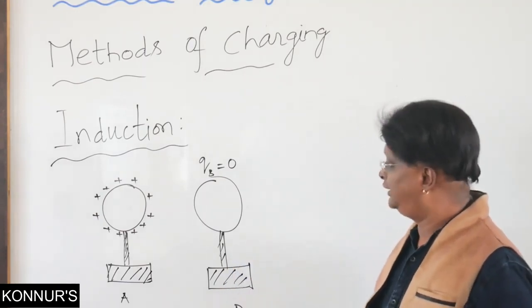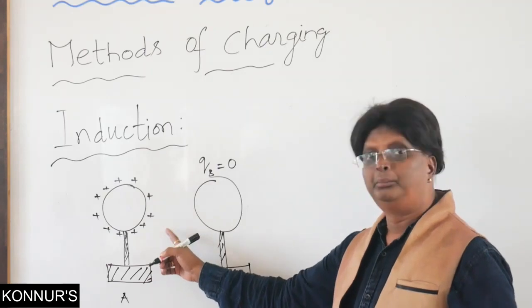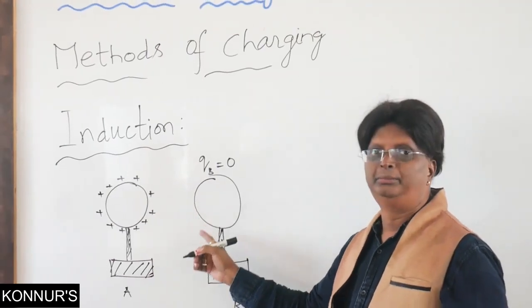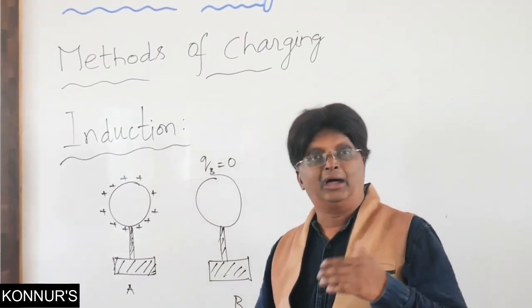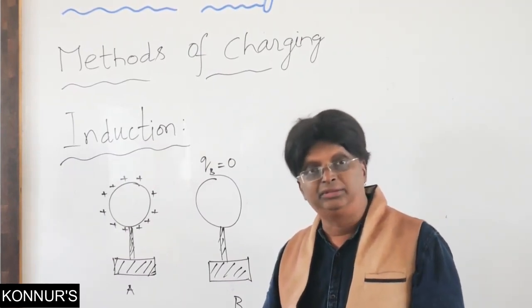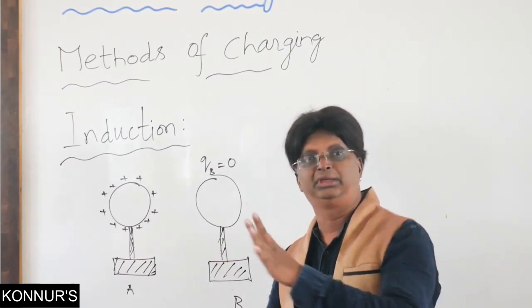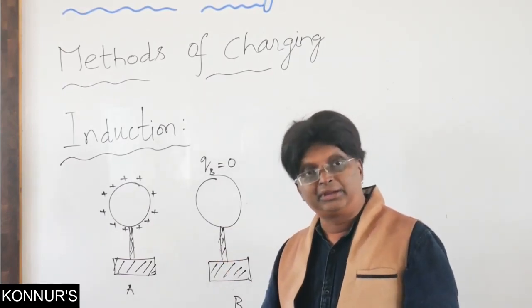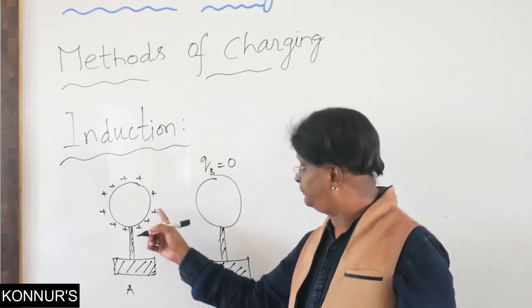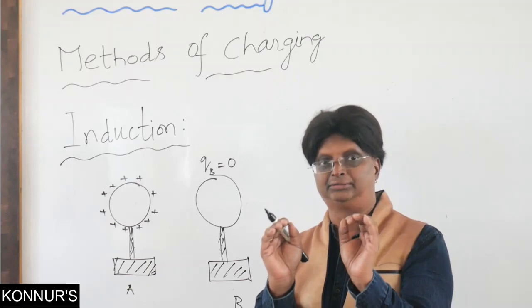Now the point is that A is brought closer to B. In the earlier cases of the friction method and also the conduction method, we have seen the physical transfer of free electrons from one to the other. Whereas here, it is not brought into contact. They are only brought closer to each other.